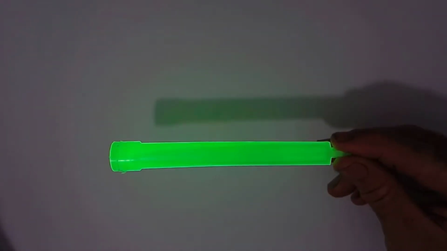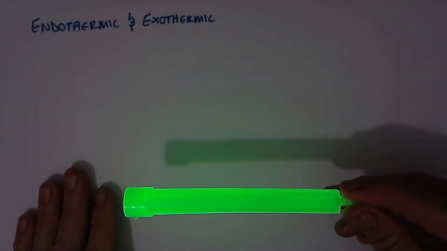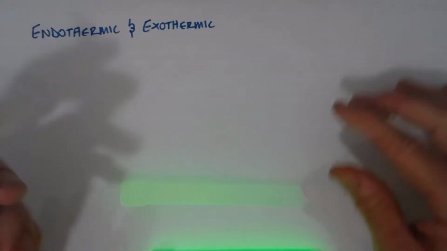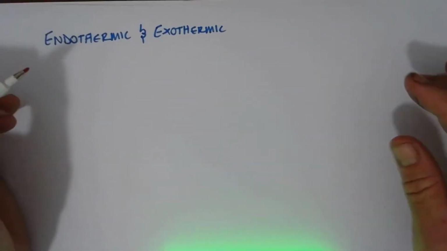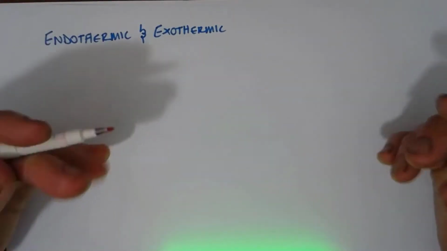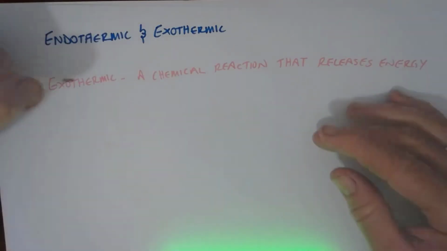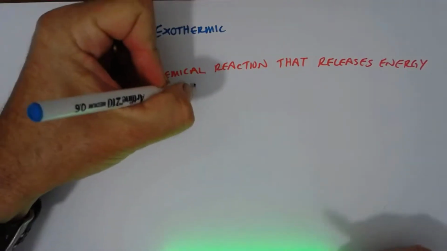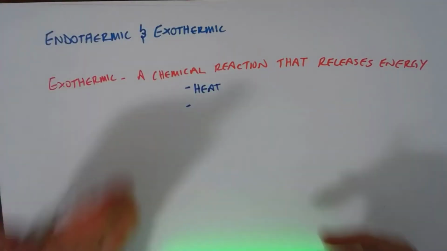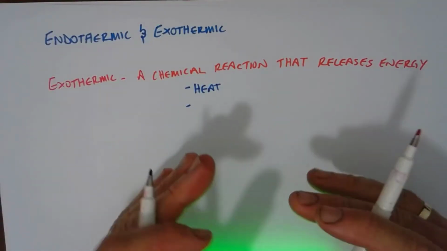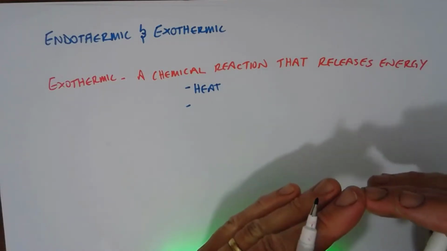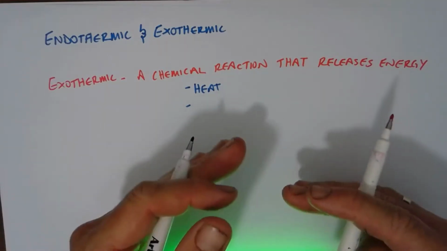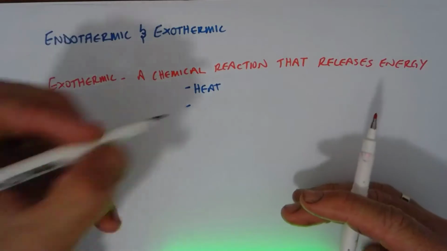Now, this is the type of reaction that we call an exothermic reaction. An exothermic reaction is a chemical reaction that releases energy. Now, that energy could be released in the form of heat. So, in that case, the temperature of the products is higher than the temperature of the reactants.